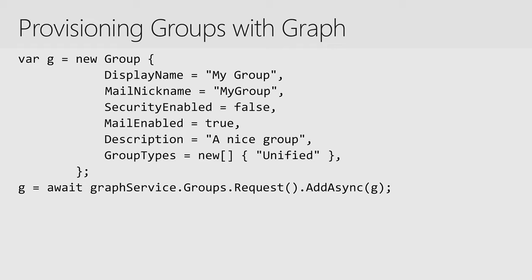Everything is spelled out with easy to understand names. Mail enabled is true. Okay, that makes sense. Description, security enabled, all these things should make basic sense. And you can see it's just a couple of lines of code. I'm defining the group, and then I'm calling that graph API to add it.